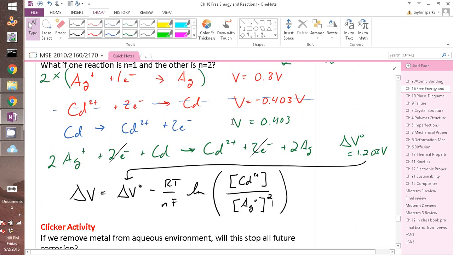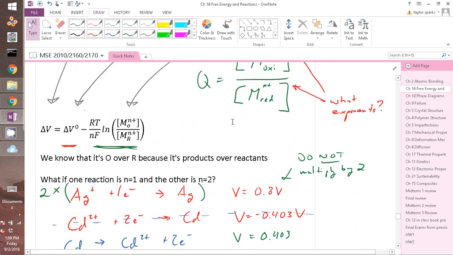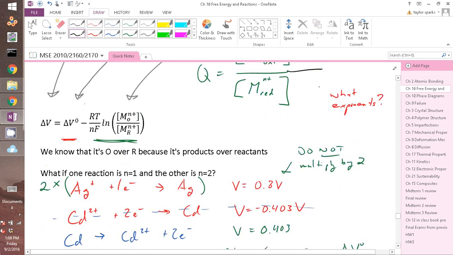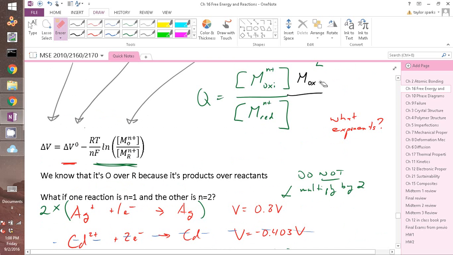Okay? Question. Yeah. Why do we not care about cadmium metal and? Technically we could. Up here in our Q expression, we could just as easily include the metal that is reduced and the metal that is oxidized, but because they're solids, they have an activity of 1, so we can just not write them, right?